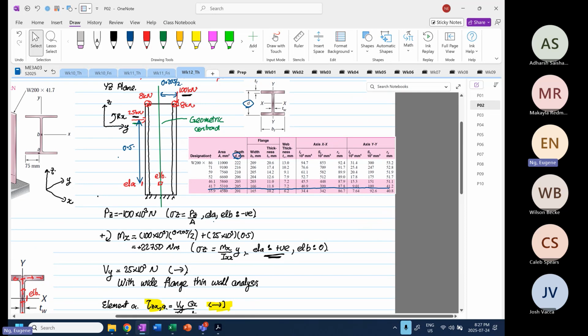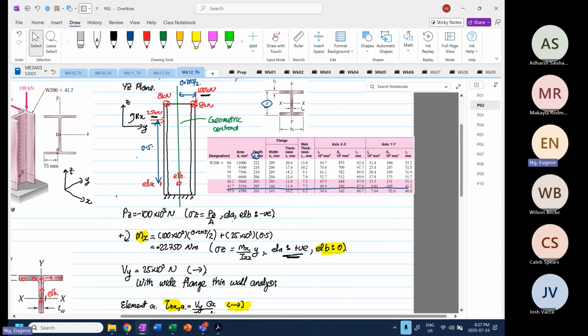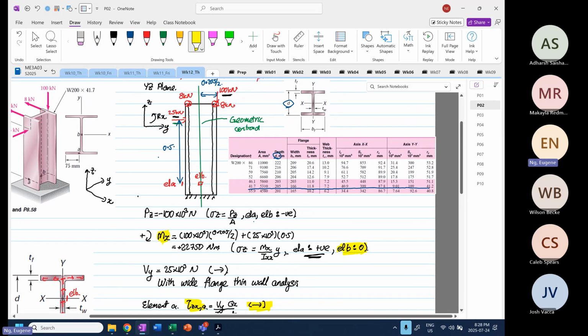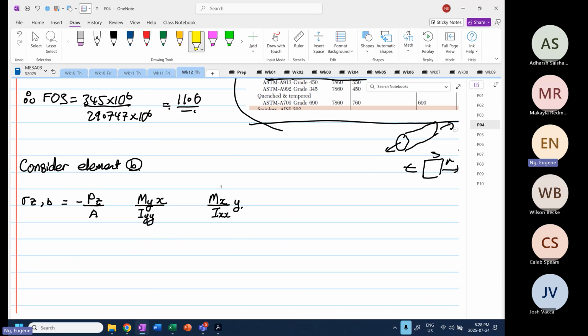Based on our analysis, the moment about X for element B is equal to 0, because element B is exactly at the center. So we know down here that this is equal to 0. Makes our life easy.